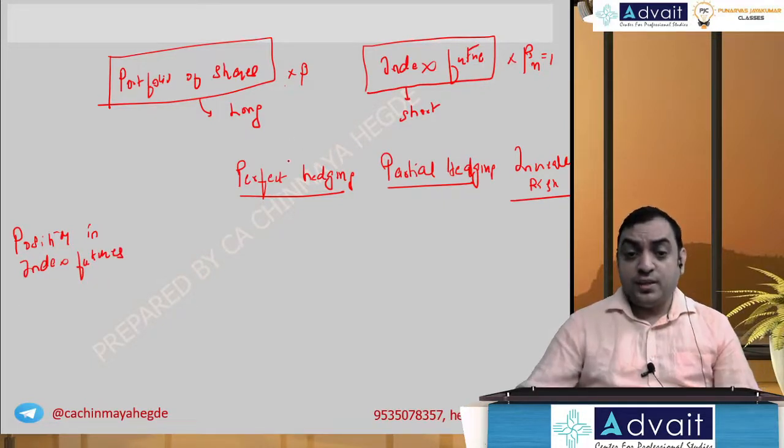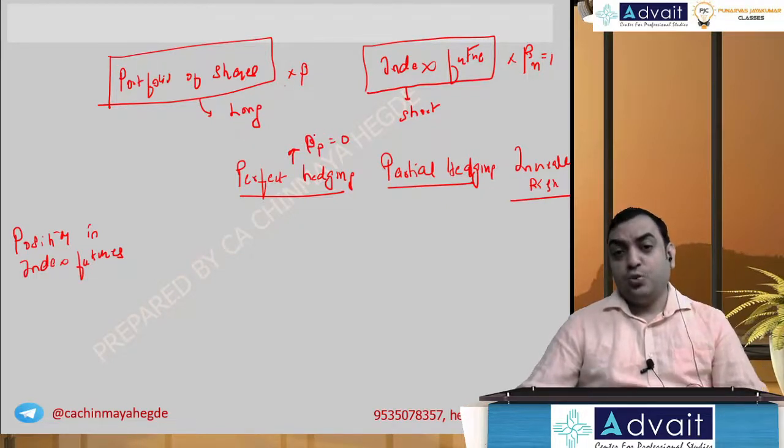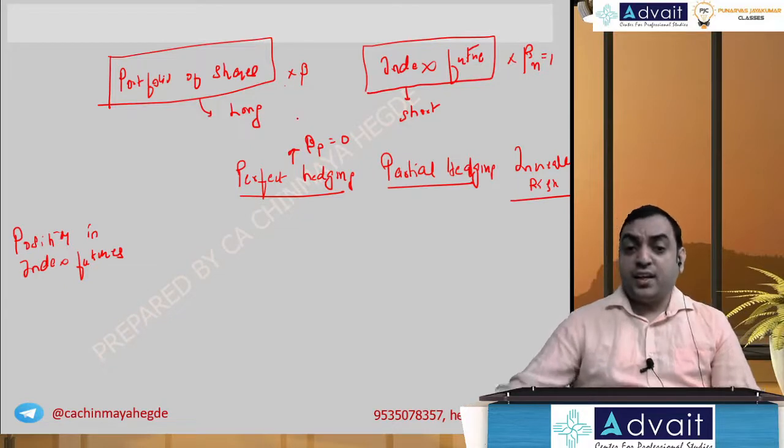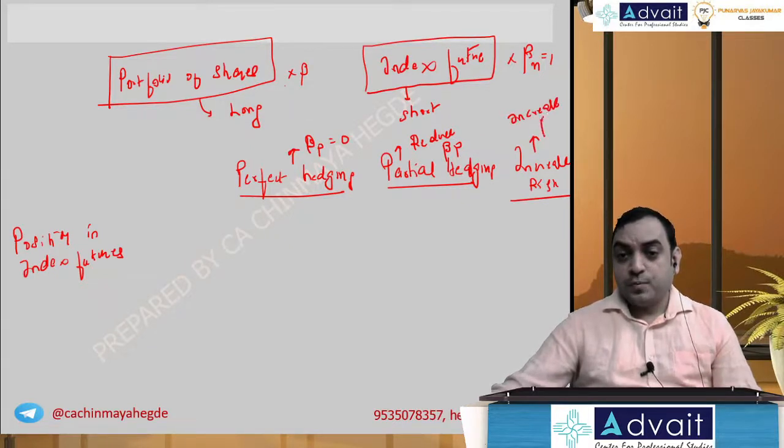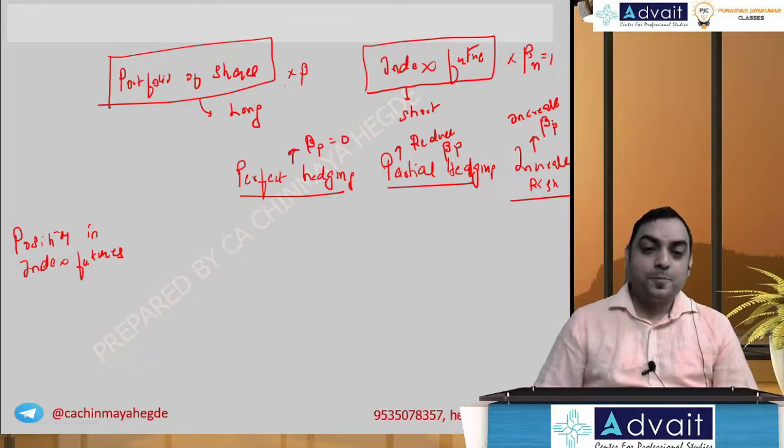Perfect hedging means you are trying to achieve portfolio beta equal to 0. Partial hedging means you are trying to reduce portfolio beta from the existing. Increasing the risk means you are trying to increase portfolio beta.